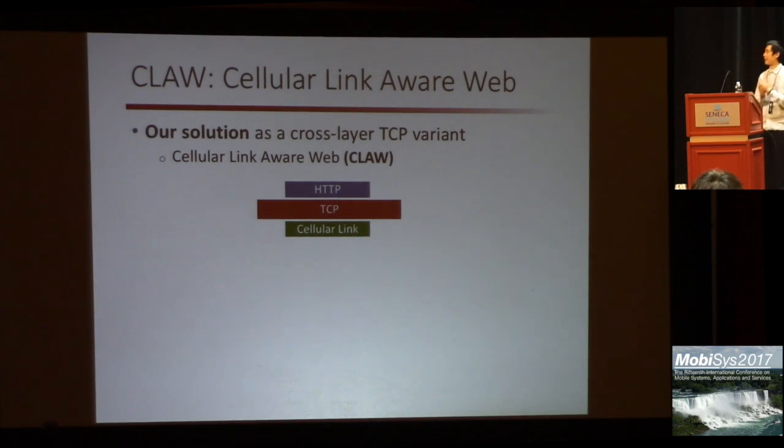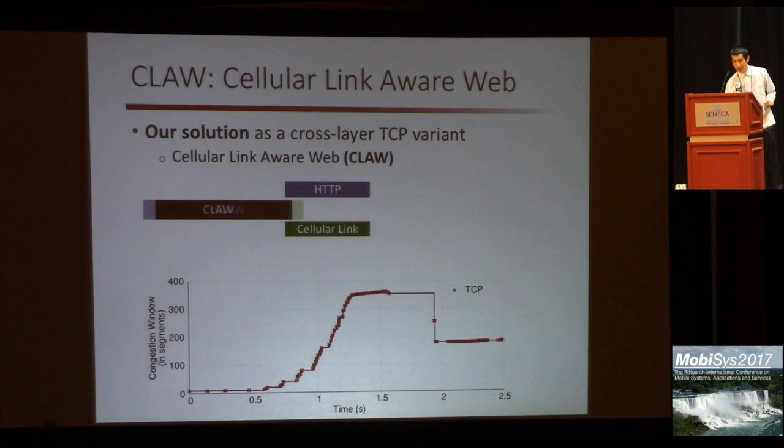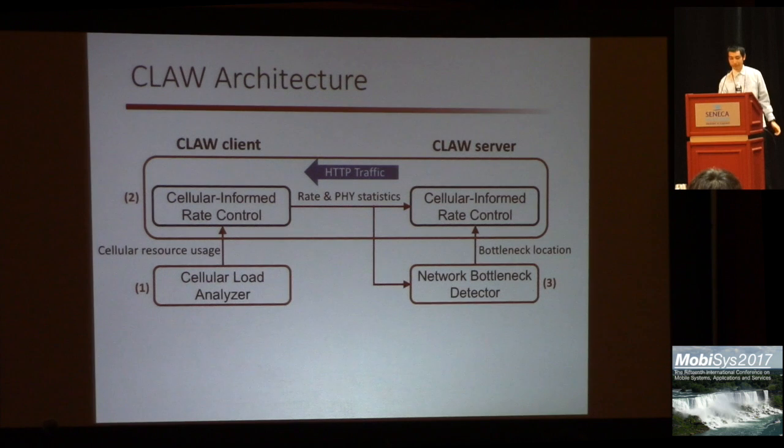Based on these observations, we propose our solution, a cellular link aware web workflow. It replaces the sluggish TCP bandwidth exploration with a more efficient mechanism that converges to the bandwidth much quicker with the assistance of cellular link information.